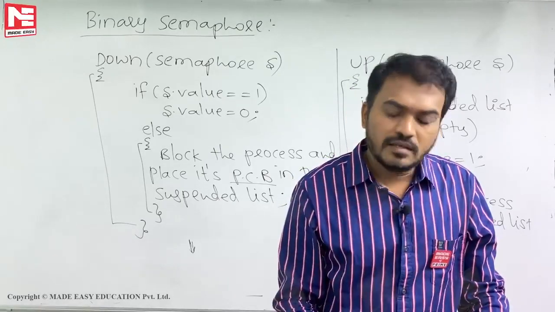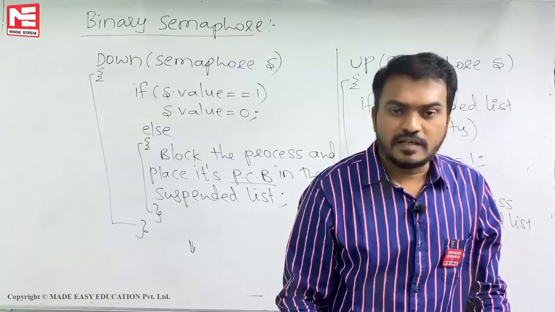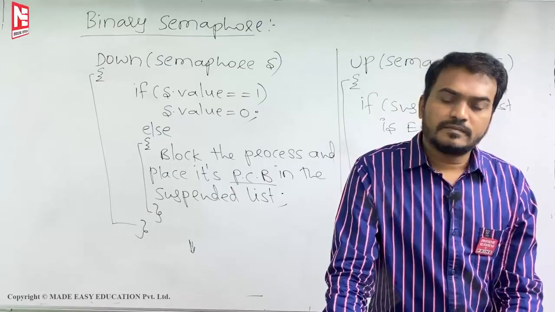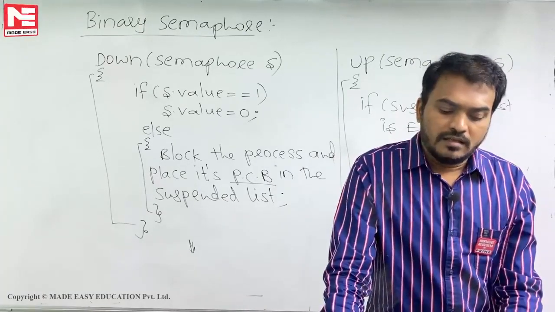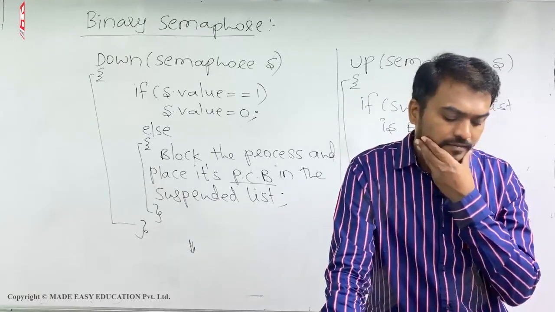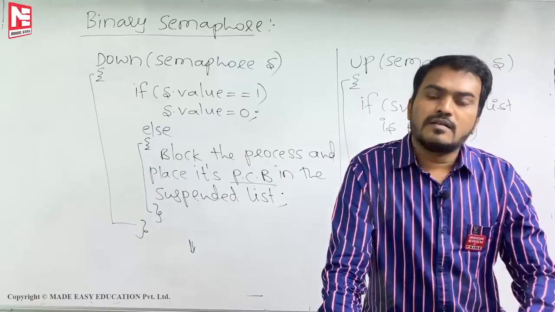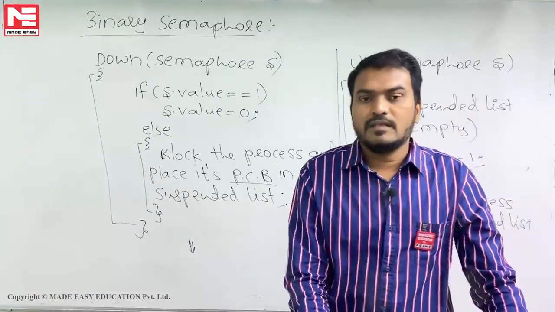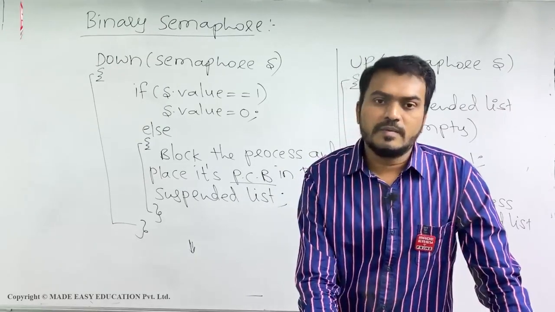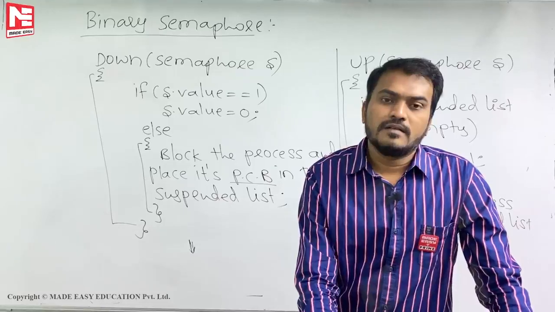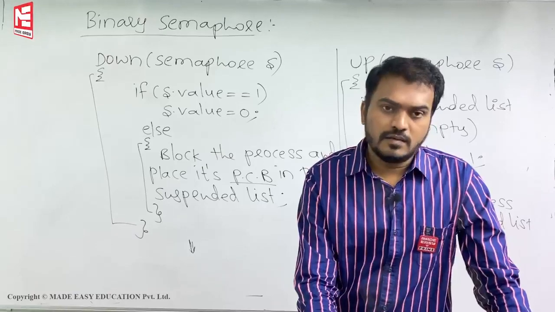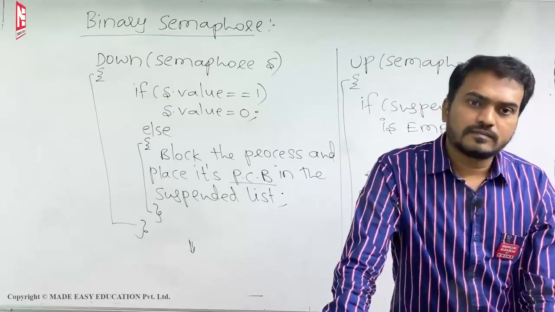Process will not continue further execution in the code. Note down the next point. After performing down operation, if the process is not getting suspended, then it is called a successful down operation.